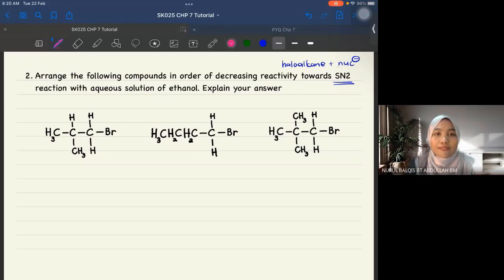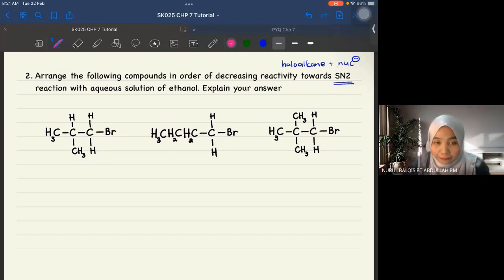Jadi ruang tu dia affected by your alkyl group attached to it, whether they got branch or straight chain. Okay, bila ada branch lagi susah lah kita, lagi banyak gangguan untuk kita cuba untuk masuk. Kalau straight chain, walaupun bilangan karbon sama, straight chain lebih mudah sebab dia tertumpu pada upper side sahaja, only one part. Okay, still got spaces for them to attack the nucleophile.